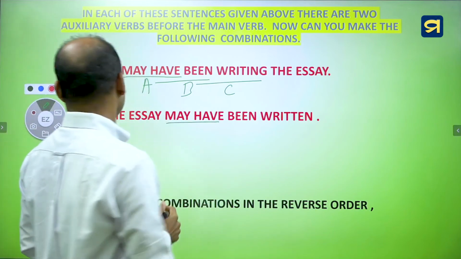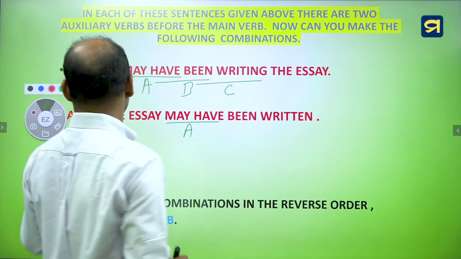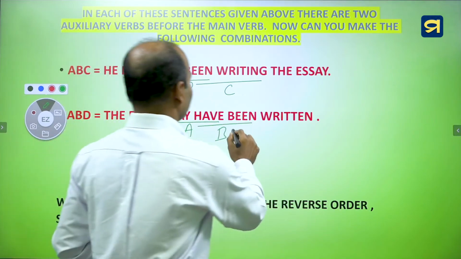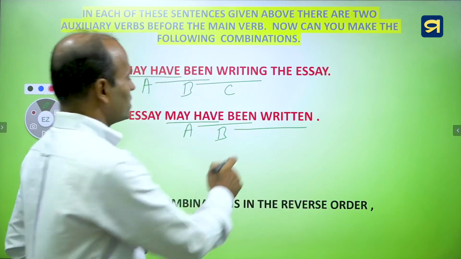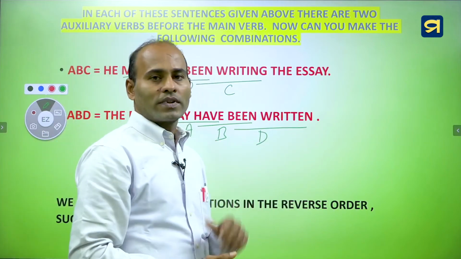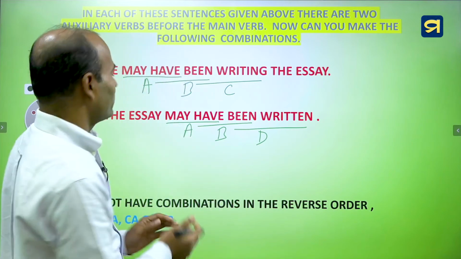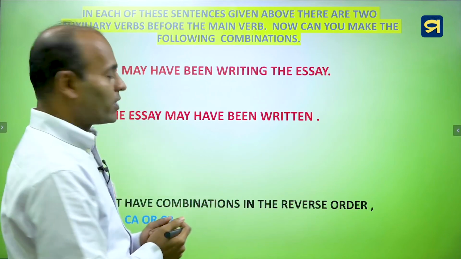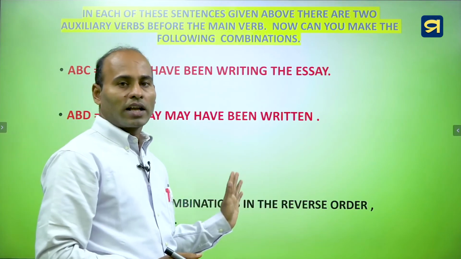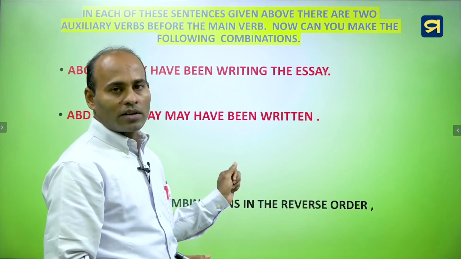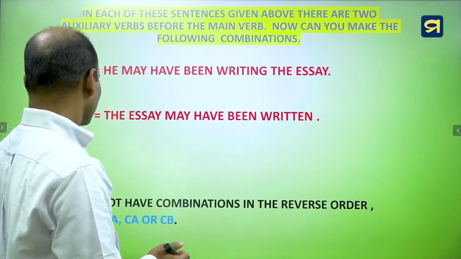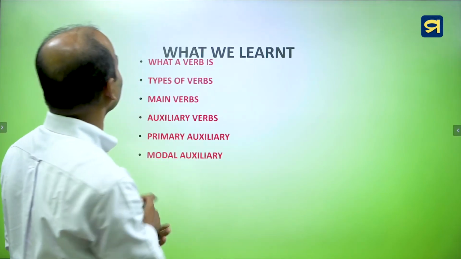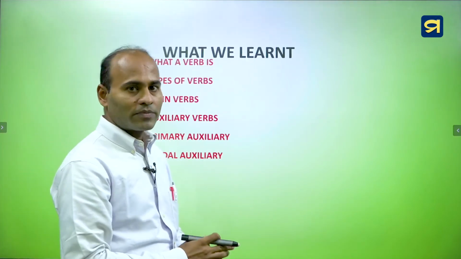This is the sentence structure of A, this is the sentence structure of B, and the passive form is the sentence structure of D. Understood? Very good. And we should remember that the reverse order cannot be done because it is ungrammatical, so we can't form BA, CA or CB likewise.